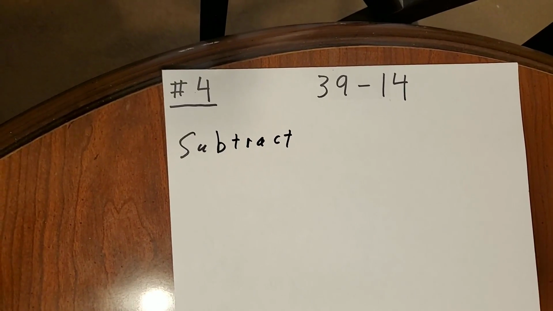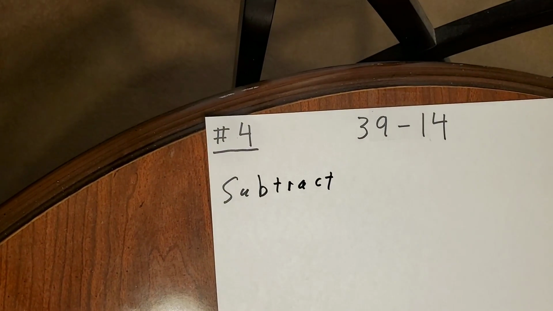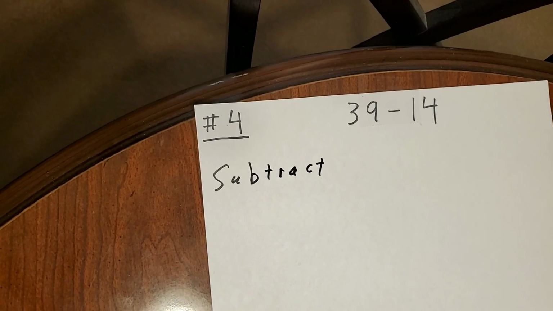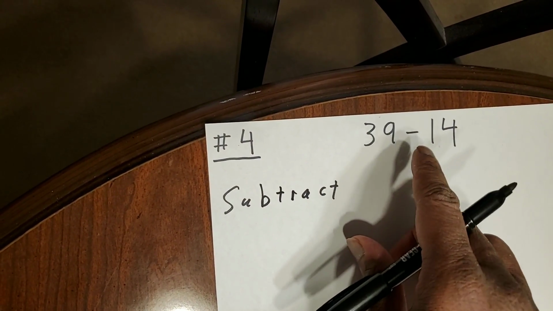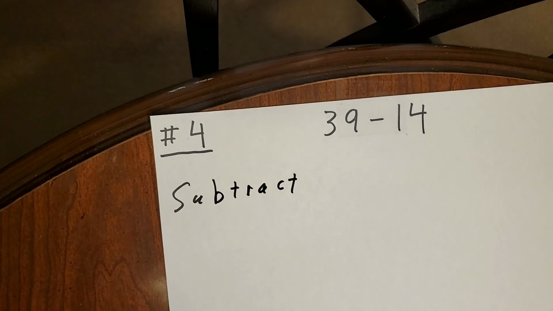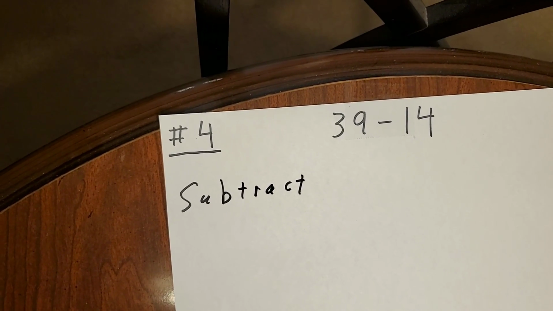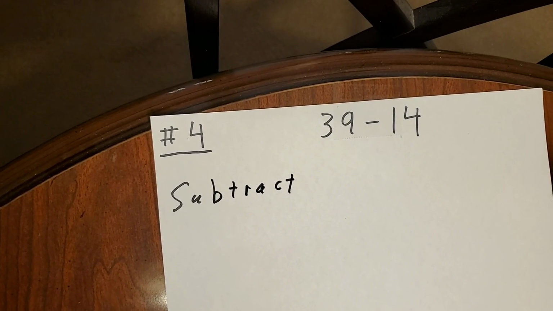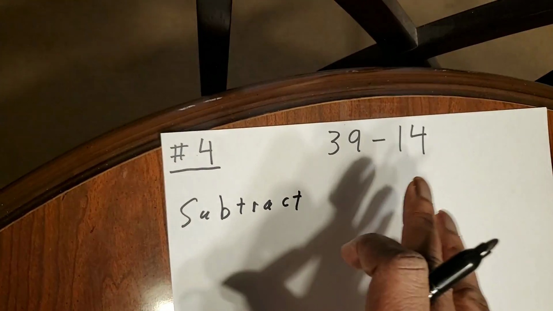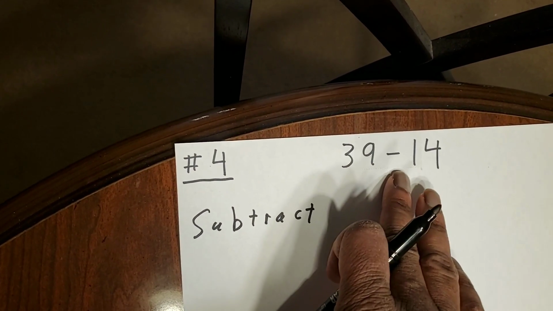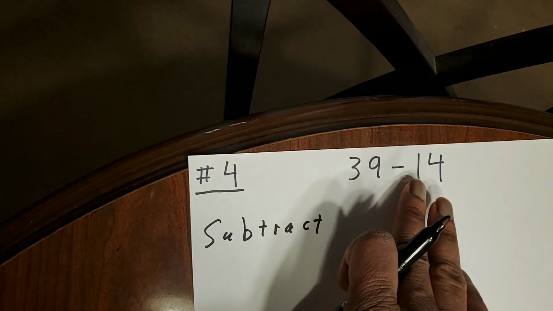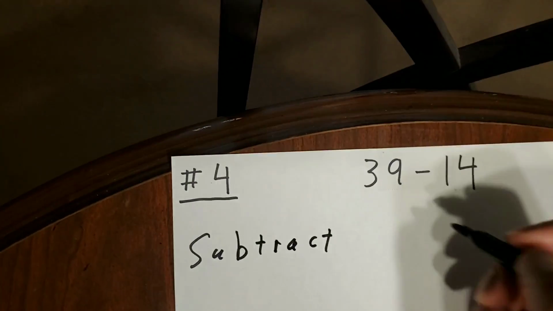Here's a problem. When I'm subtracting, I'm taking away. So when it says subtract, I'm taking away. So when I look at 39 minus 14, I'm taking away what? Am I taking away 39 or am I taking away 14? I got a group of 39, but if it says minus 14, I'm taking away 14. I'm subtracting 14.